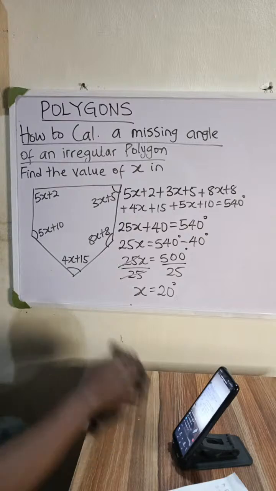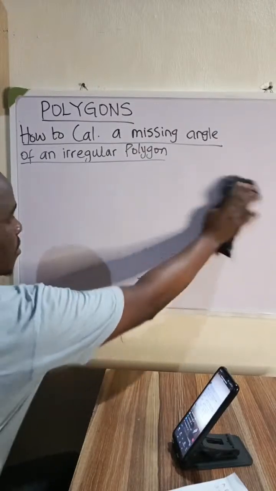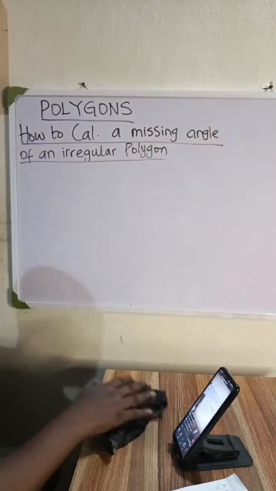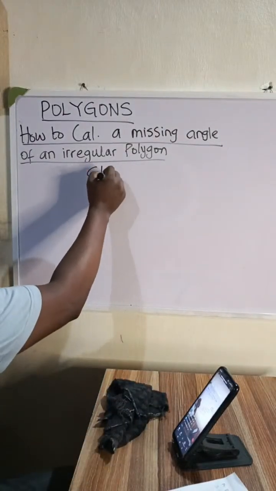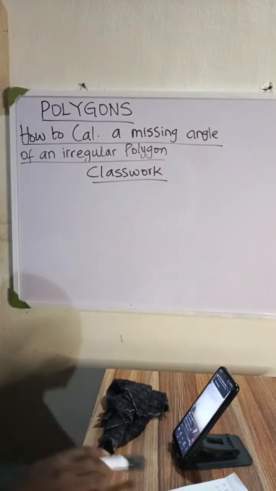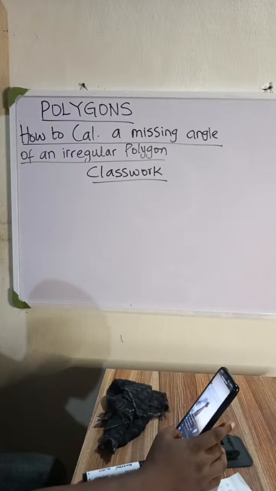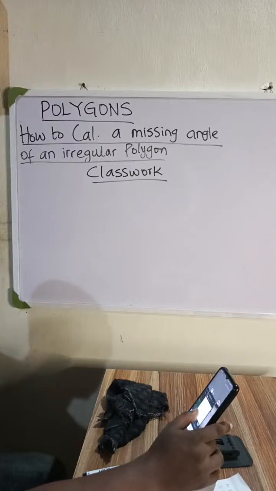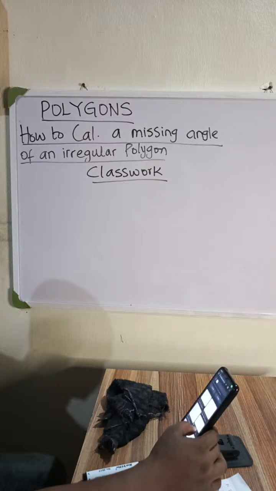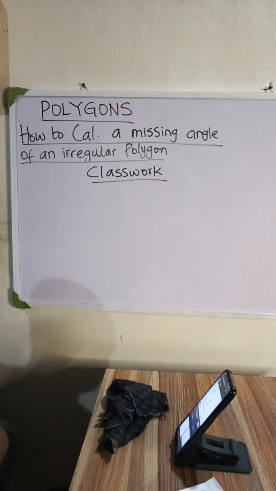Okay, so try out this question and then we'll be done for today. This question carries 5 marks. We are still going to use a pentagon for quick calculation.